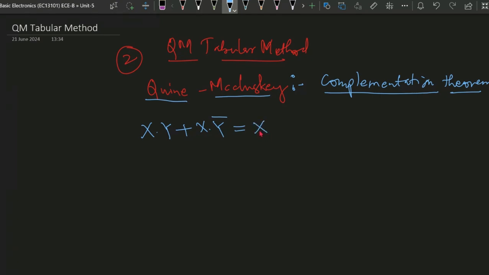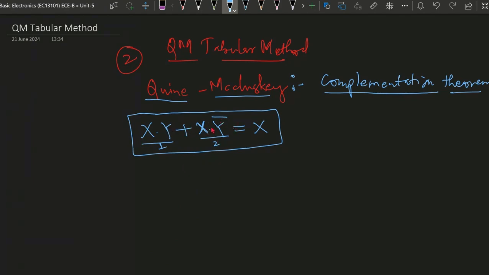How does it result in x? Because if we take x common, y plus y bar is equal to 1, and 1 multiplied by x is equal to x. Two terms are there, this is one term and this is the second term. Both are added such that one term is multiplied with the variable, and the other term is multiplied by the complement of the variable, so y bar is there.